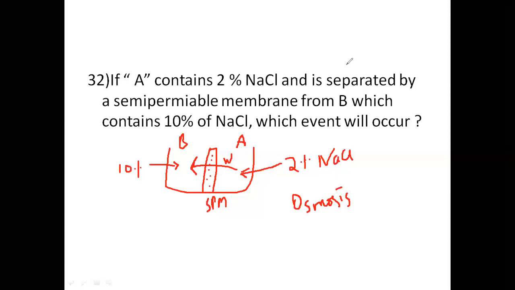So here, see, 1 molar concentration. Here also 1 molar concentration, meaning A and B are isotonic only. What is an isotonic solution? Solutions having the same osmotic pressure at a given temperature. If I go for Pi 1 equal to C1RT for the first solution, Pi 2 is equal to C2RT.